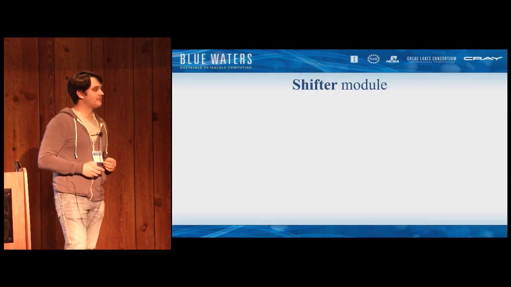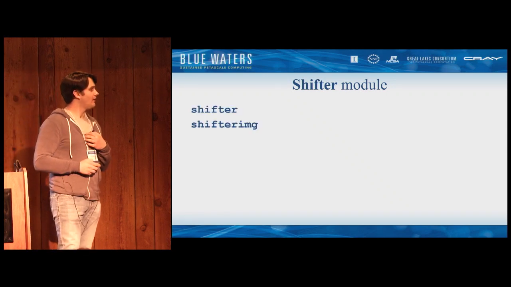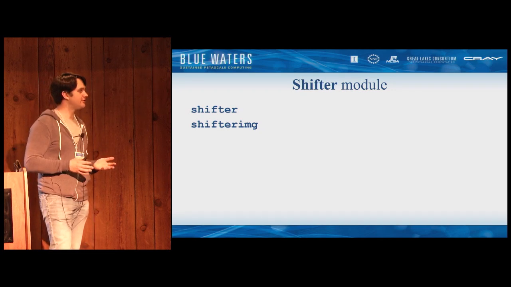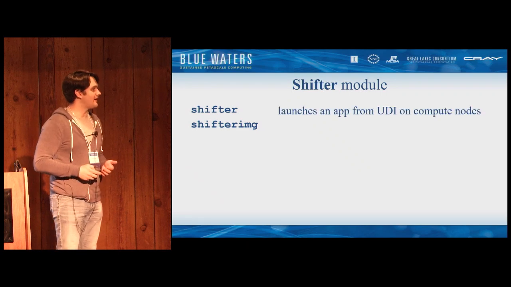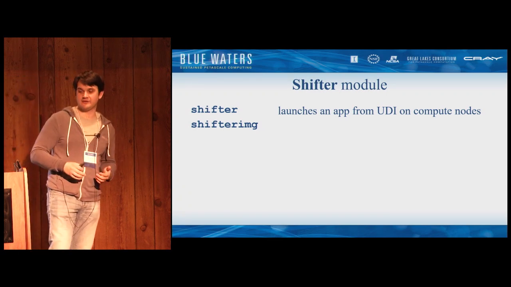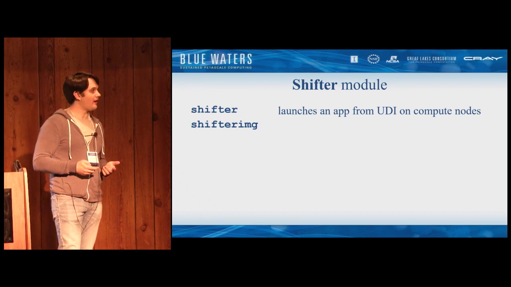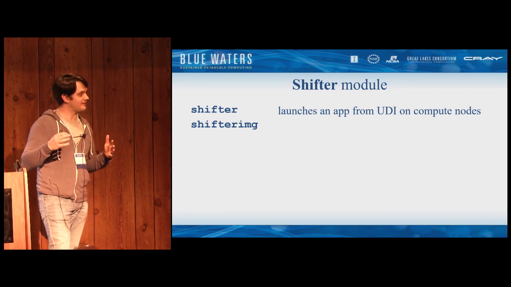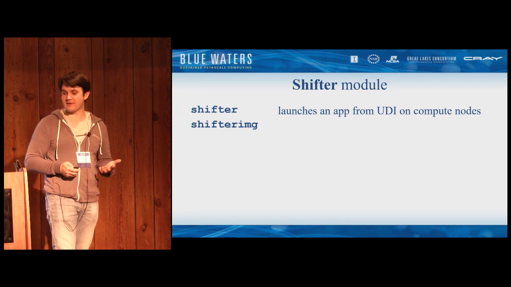Okay, let's quickly talk about the Shifter module that I mentioned already. The Shifter module essentially provides two commands, shifter and shifterimg, which stands for image. The shifter command basically launches our application that we have in our user-defined image on compute nodes. shifterimg is an executable that accepts several arguments, subcommands.